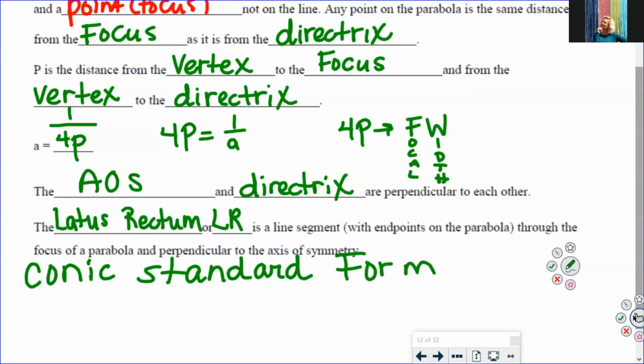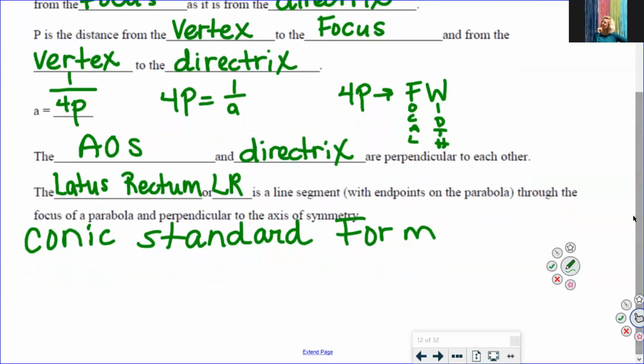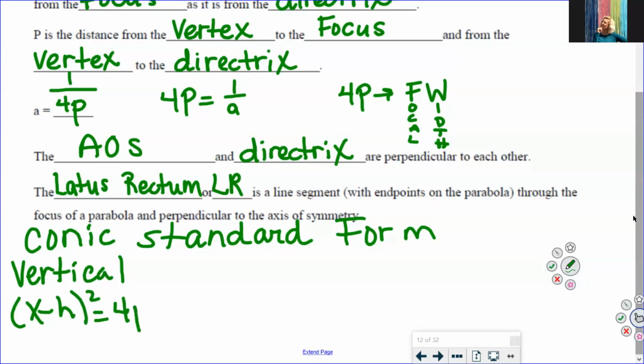And remember, you now know there's 2 ways to graph a parabola, up and down, vertical, or sideways. Let's put the vertical on this side of the paper. And the vertical is just x minus h, close it, square it, equals 4p times y plus k. And your horizontal is just, everything's just flipped.